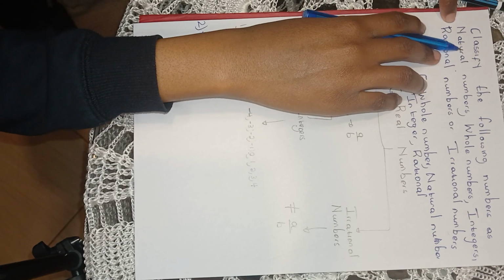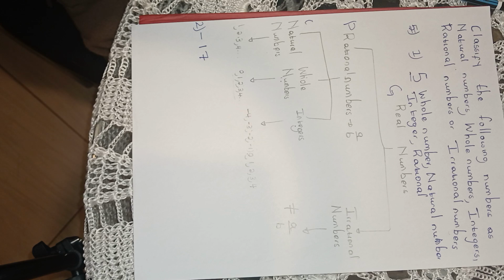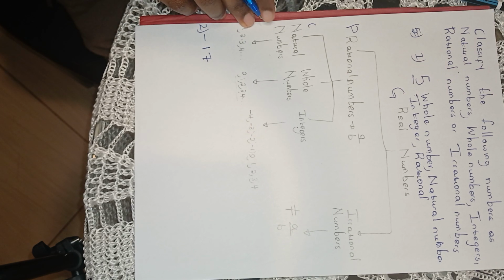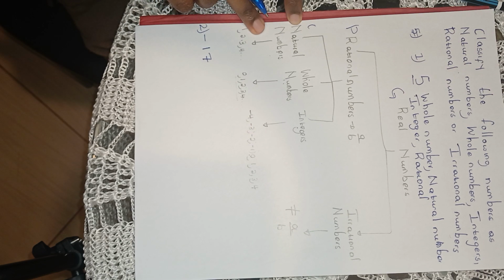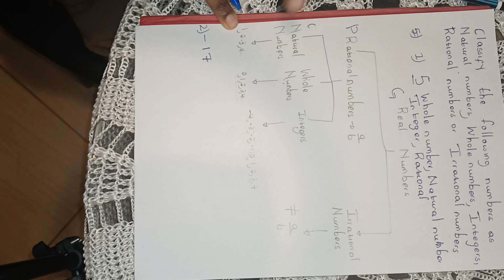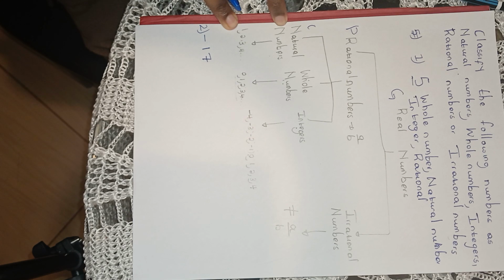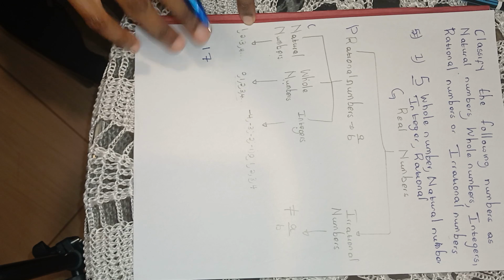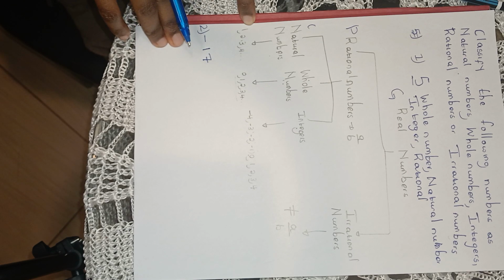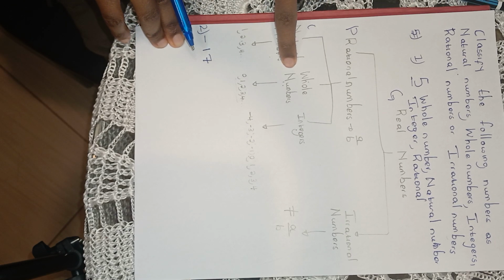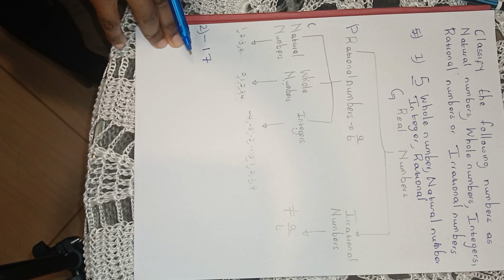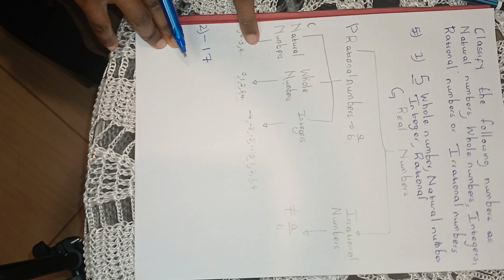Is negative 17 a natural number? Natural numbers are counting numbers. They are positive numbers. So negative 17 is not a natural number. Whole numbers: is negative 17 a whole number? Whole numbers are natural numbers and 0.